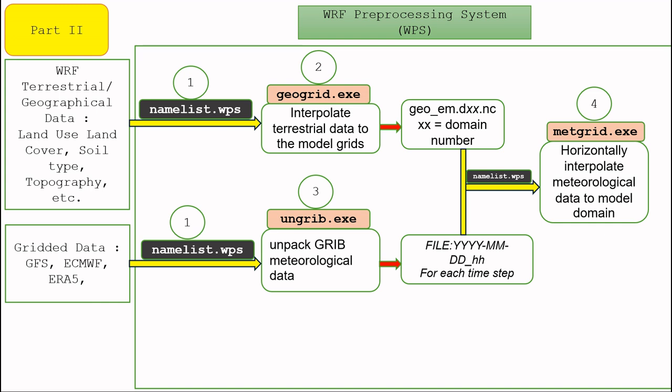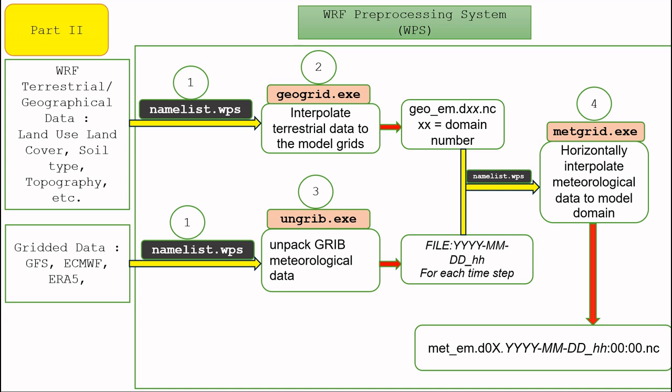After a successful run of the Metgrid program, you will get a list of netcdf files with the name met_em.d0x.yymmdd_h0000.nc. In the file name, x denotes the domain number.